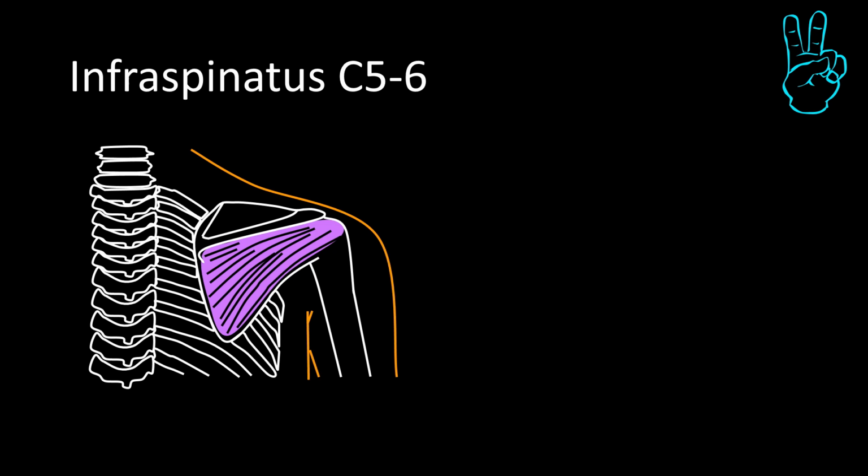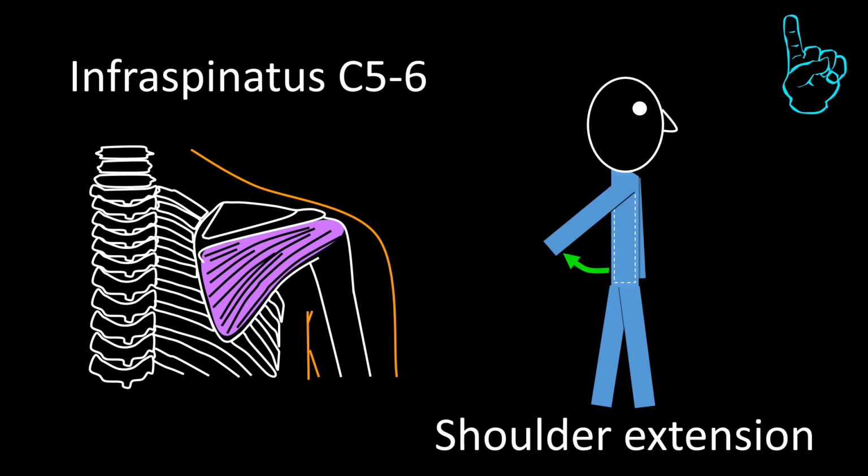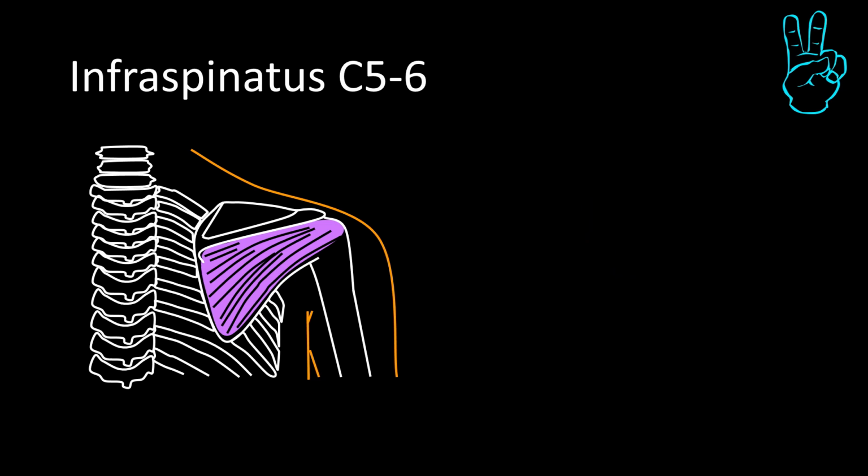The infraspinatus has two actions. The first action is seen from the arm by the side of the body in neutral position. It extends the shoulder.